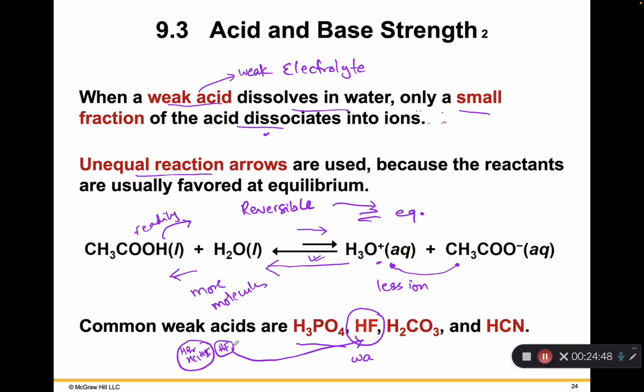Remember this, because many students make an error here. They think HF is also a strong acid, which is wrong. HF is a weak acid. If you ask why, it has to do with the size of the fluoride ion. The size is too small, and that makes it a weak acid.